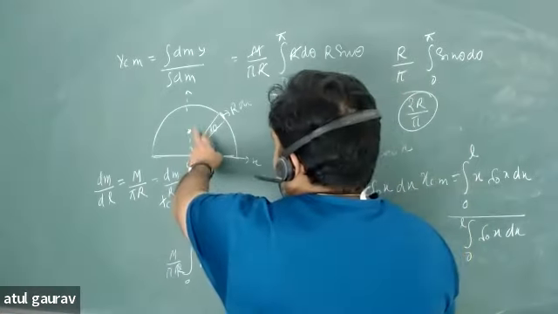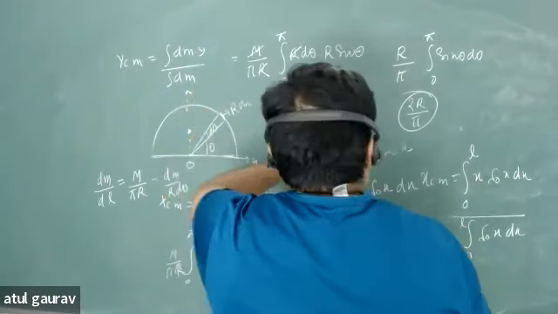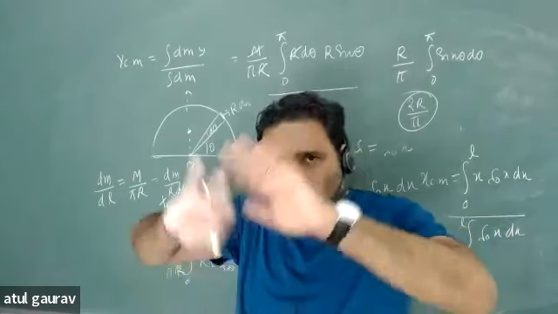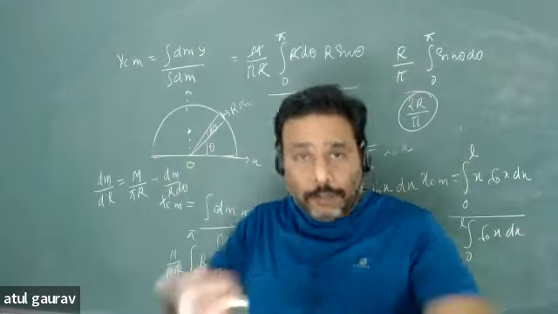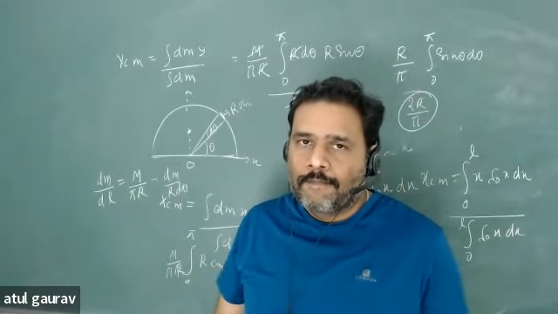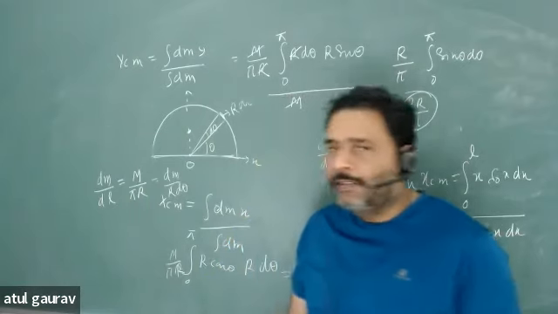So here is my center of mass, exactly on the y-axis, and its value is 2r by pi. This is due to the distribution of mass, so distribution of mass is a very important thing. Everyone is comfortable?